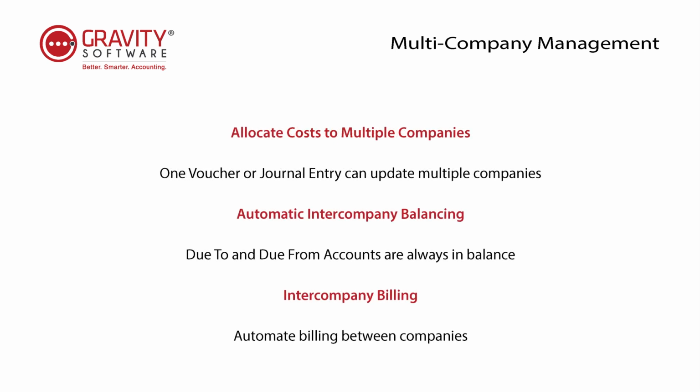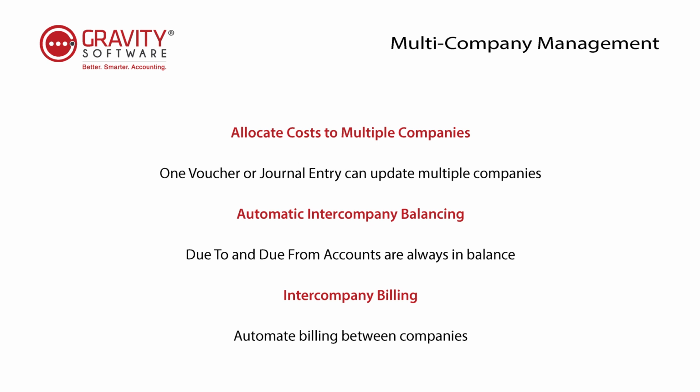Where some of the power comes into Gravity is when we start talking about things like intercompany activities. One of the most common things that happens is we get a bill, let's say at our holding company, and I want to allocate that cost to more than one company. In Gravity, you can allocate that bill to multiple companies. One company is going to pay the bill, that may be our holding company, but I can put in 3, 4, 5, 6 line items, each with a portion of the expense going to a different company, or different entity, as we call it.